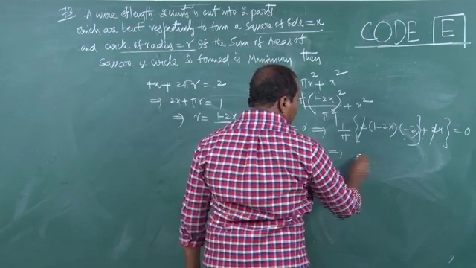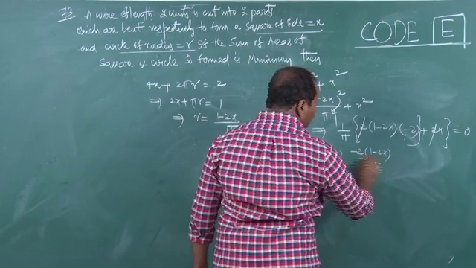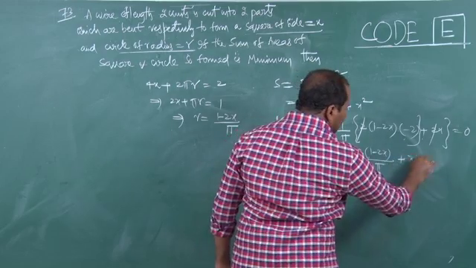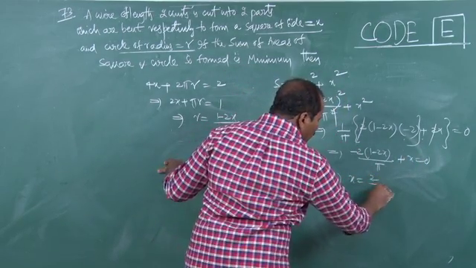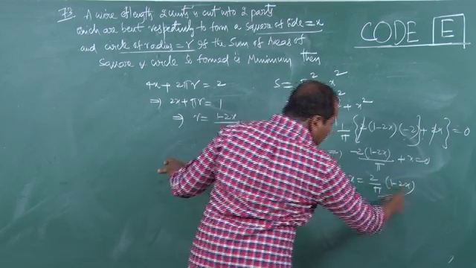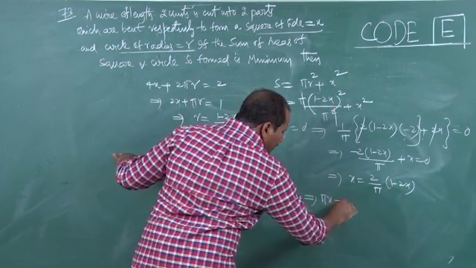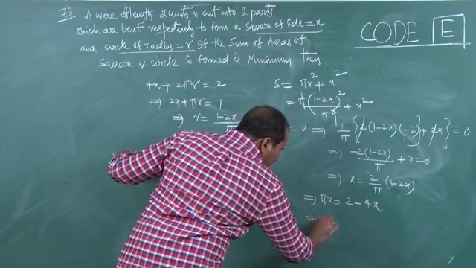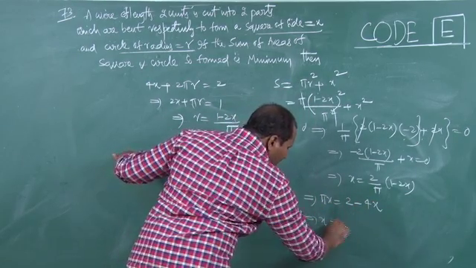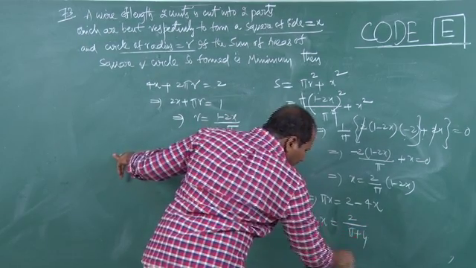So, minus 2 into 1 minus 2x whole divided by pi, plus x is equal to 0, or x is equal to 2 by pi into 1 minus 2x, implies pi x is equal to 2 minus 4x, hence x into pi plus 4 is equal to 2, x is equal to 2 by pi plus 4.